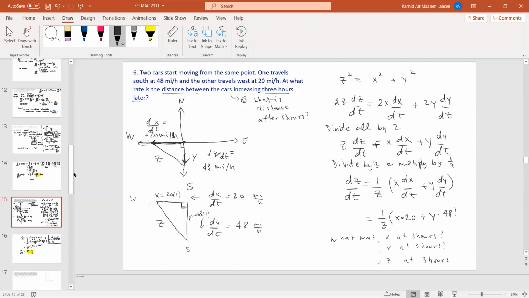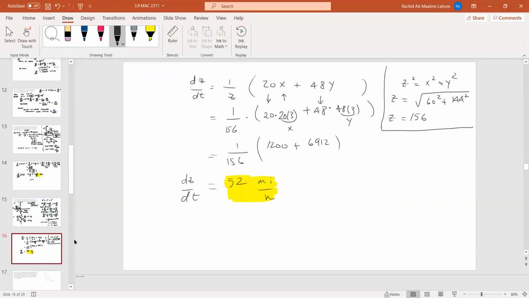We set up the Pythagorean theorem there, we differentiate, we reduce the 2, and we multiply by 1 over z to get dz/dt by itself, because that's what the request is. We get this 20x and this 48y. So we replace the x by its value, and we replace the y by its value.